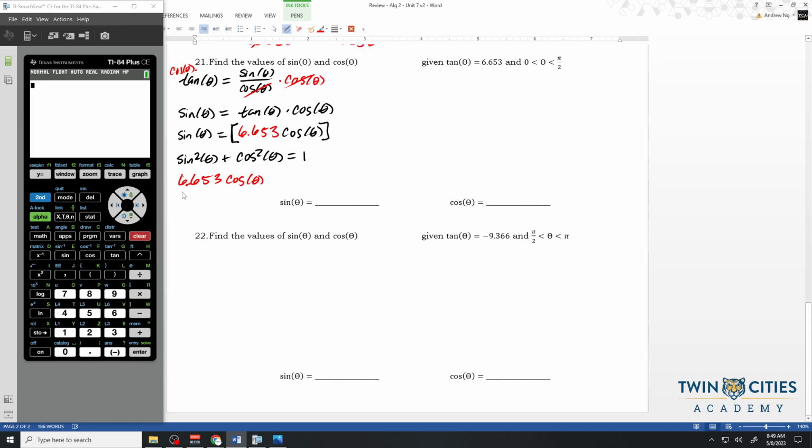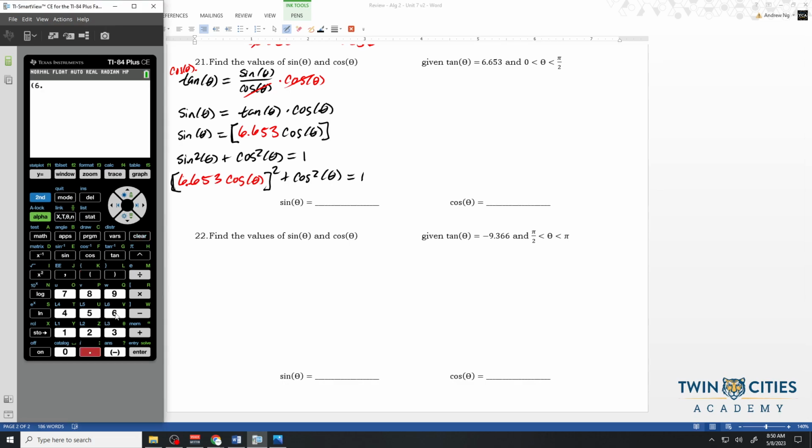So plugging in 6.653 cosine of theta squared plus cosine squared of theta, this is equal to 1. So what this really means is 6.653, I'm going to square that, and then I'm going to square my cosine.